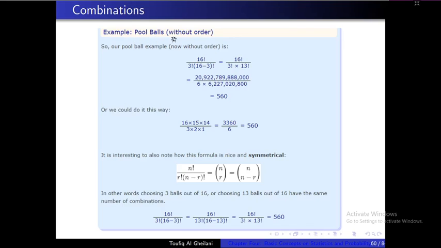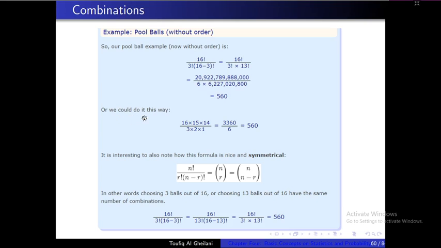Pool balls without order. So our pool example now without order is 16 factorial over 3 factorial times (16 minus 3) factorial, equals 16 factorial over 3 factorial times 13 factorial. By your calculator, you will find 560.